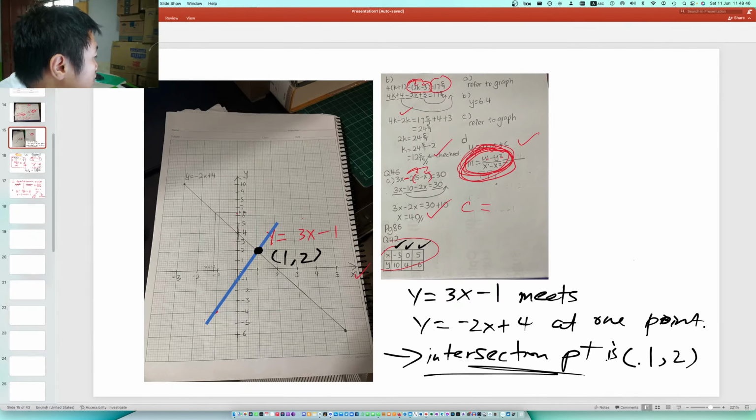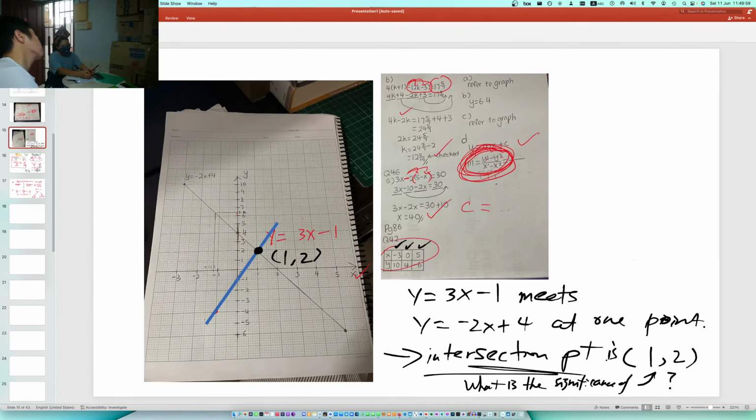So if I ask you, what is the significance of this intersection point? What does it mean? What does this intersection point mean? Do you know what it means? No.